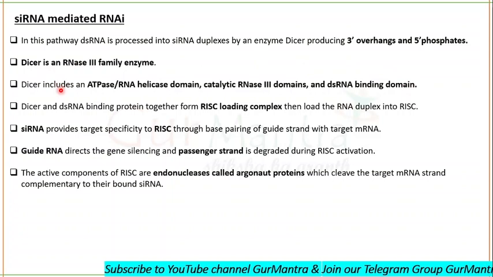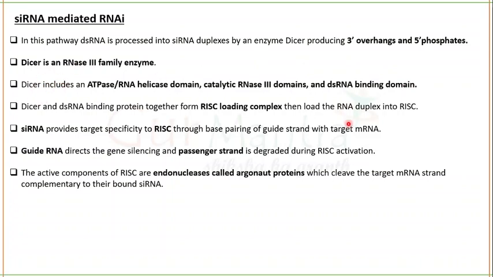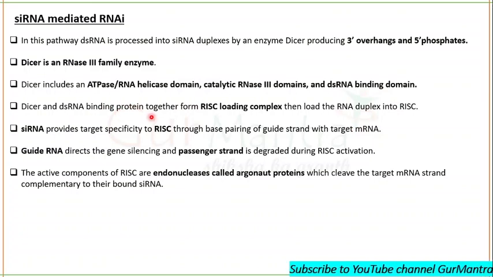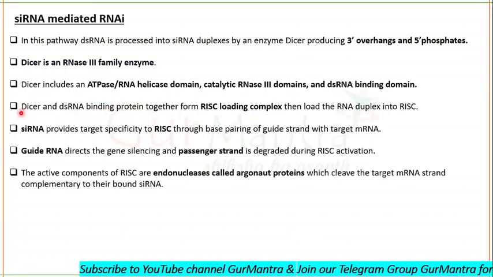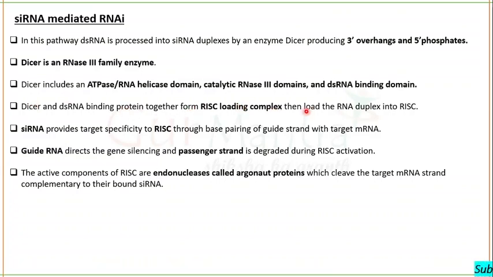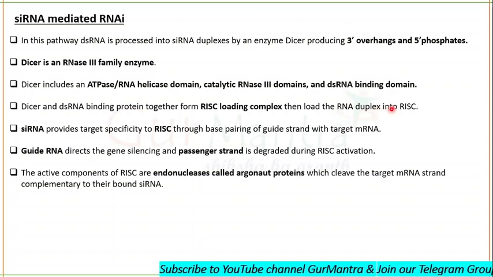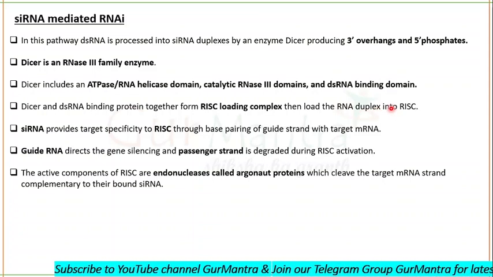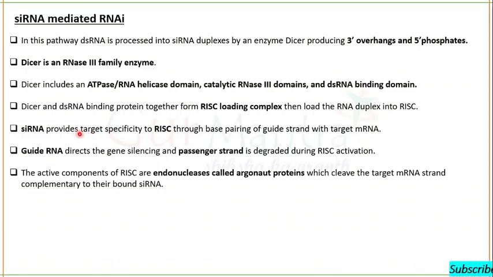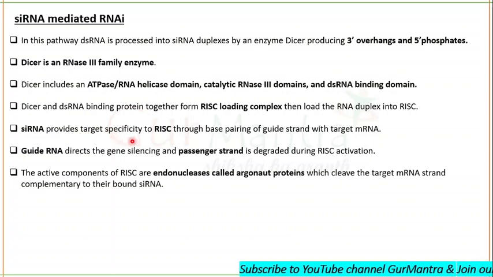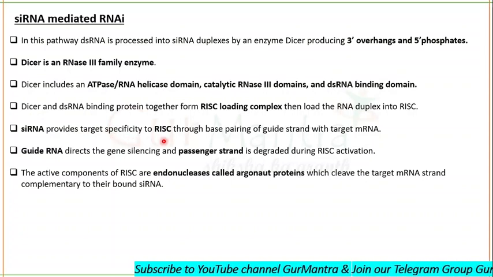So Dicer with double-stranded RNA binding proteins forms the RISC loading complex and then loads the RNA duplex into the RISC, the RNA interference silencing complex. Definitely. Now it is thought that siRNA provides the target specificity to RISC. And how?